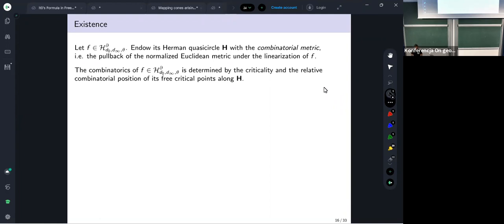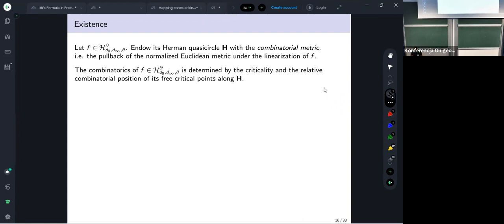This is the pullback of the normalized Euclidean metric on the linearization of F. So you can think of this as the normalized metric on the Herman quasicircle that is invariant under the action of F itself, under the rotation. Whenever I say combinatorics, it means the data consisting of the criticality as well as the relative combinatorial position of the critical points that are found on the Herman quasicircle.